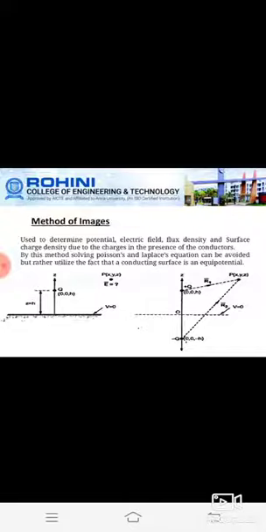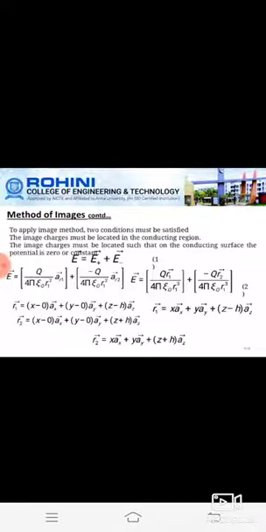We have to satisfy Poisson's equation, as well as satisfy the boundary conditions. Here we can see in the diagram the images of various charge distributions, and the conductive plane can be replaced by the equipotential surface where the potential is equal to 0.